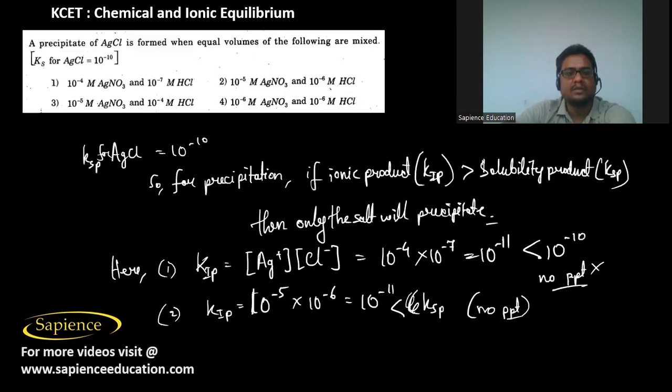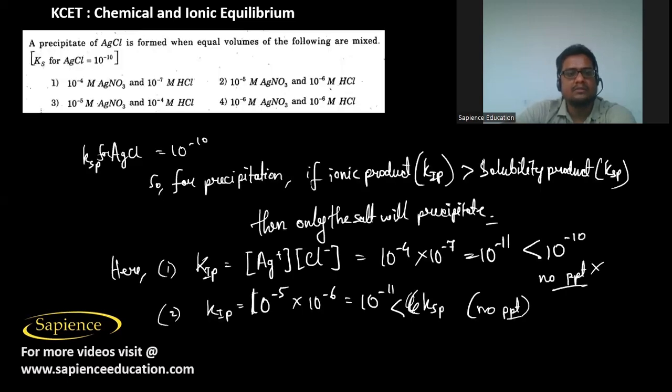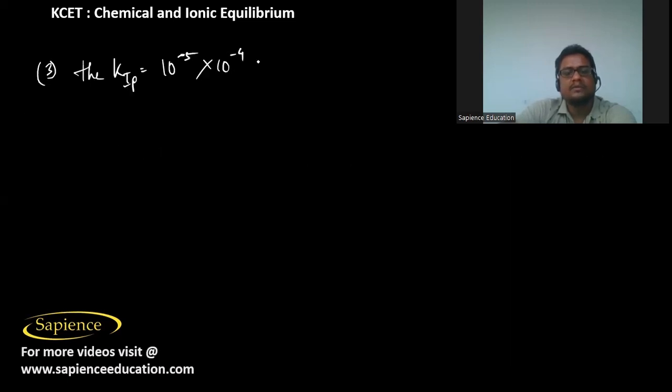And in the third option, the ionic product KIP will be equal to 10 power minus 5 into 10 power minus 4. So that will be 10 power minus 9, which is obviously more than 10 power minus 10, the KSP. So here precipitation will happen.